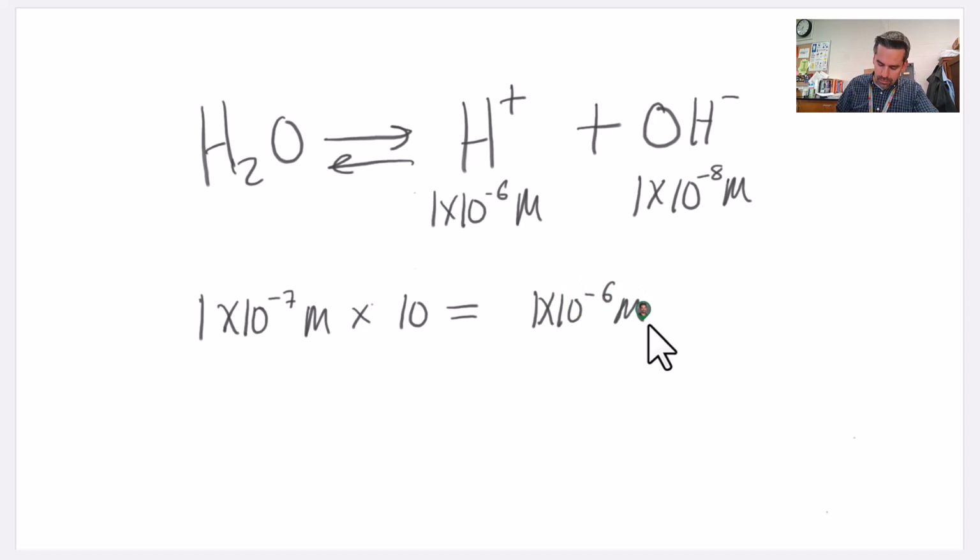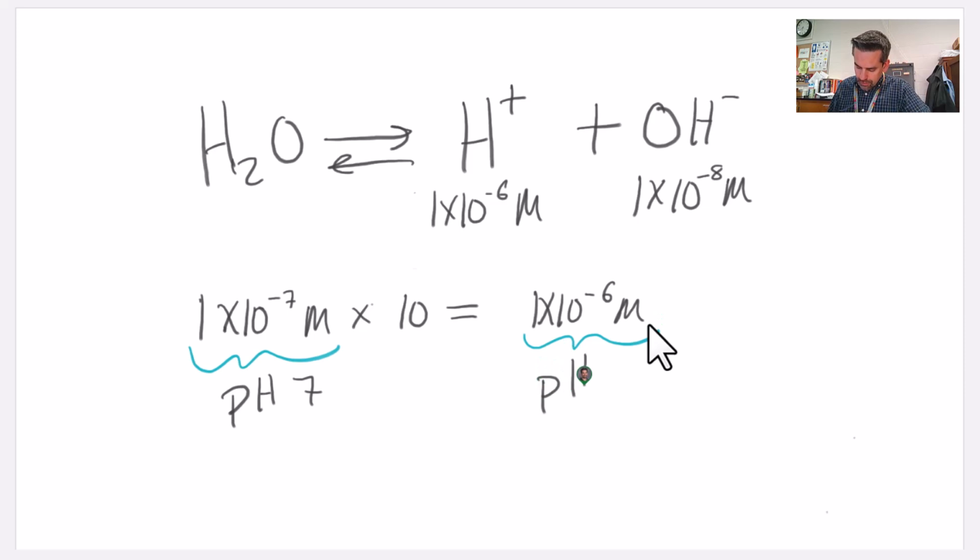This times 10 to the negative 7 was a pH of 7, and now we've increased the hydronium concentration, or the hydrogen concentration, and that makes the pH go down, and this is a pH of 6. And we know that it's more acidic because the pH is acidic when you're between 0 and 7.